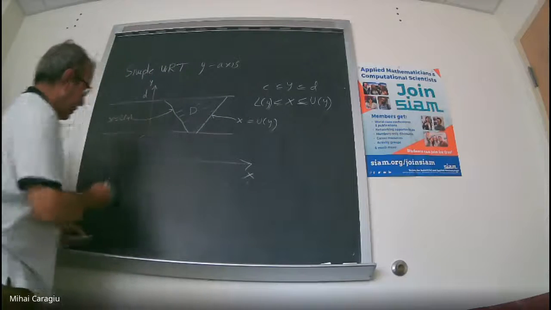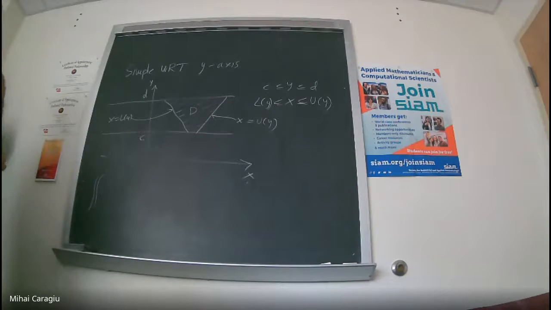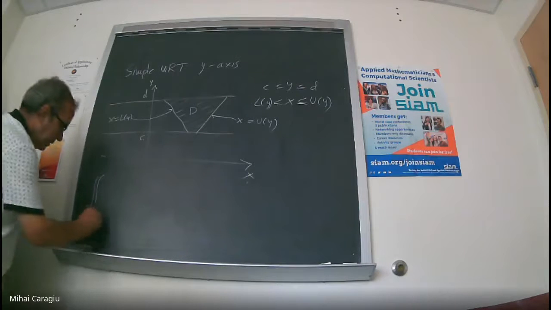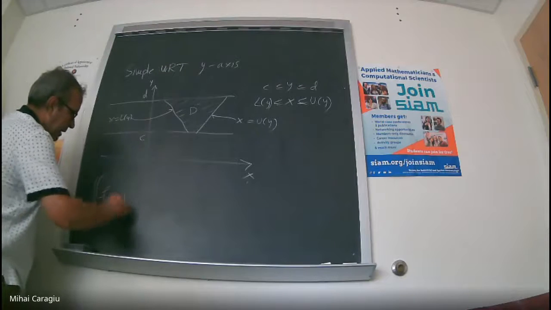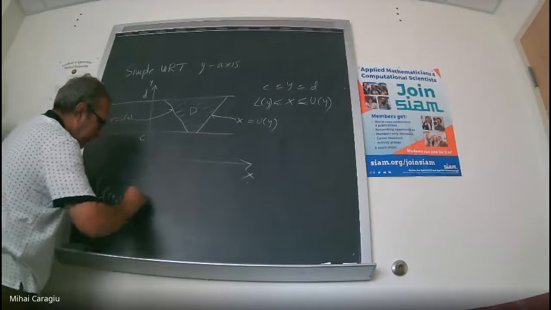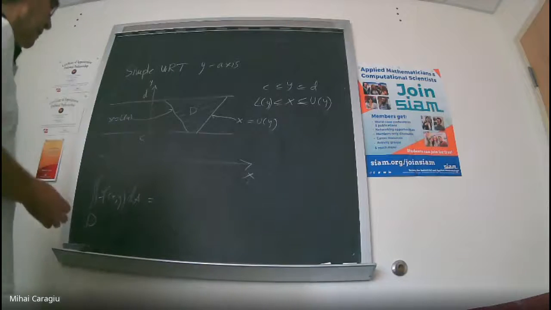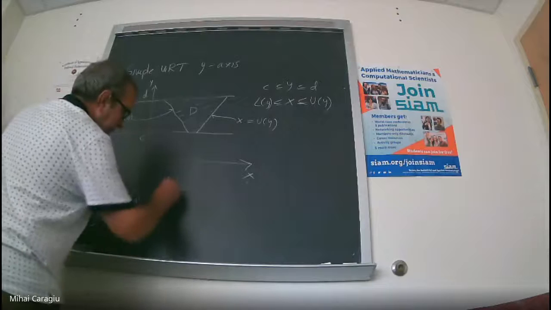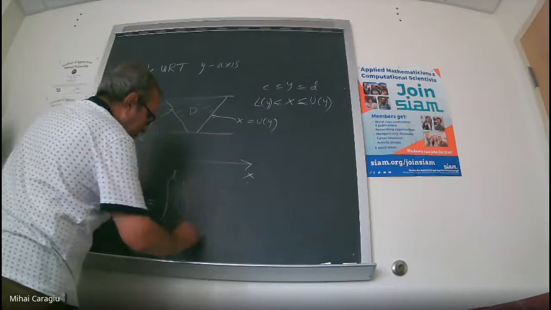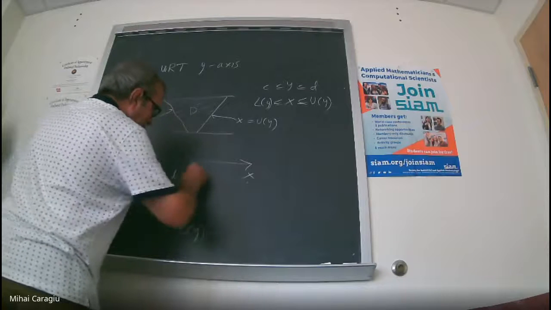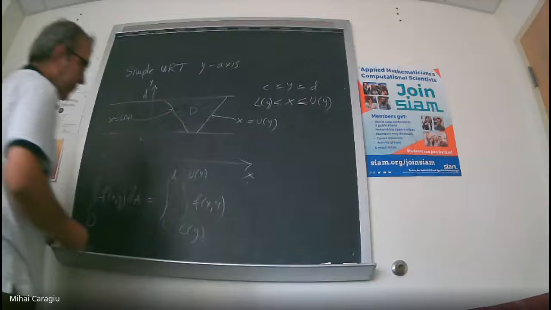So what will be the double integral over a domain of type 2, which is simple with respect to the y-axis, double integral over D of f of x and y, any function, dA? We leave the integral from c to d last, because c and d are constants, and on the inside we have the integral from low of y to u of y, f of x, y, dx.